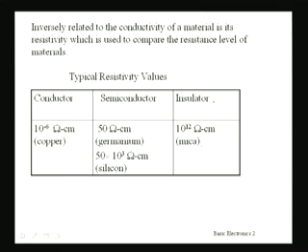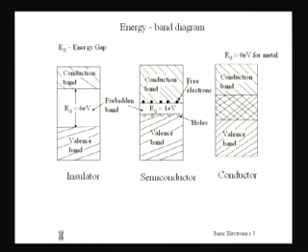For example, germanium has a resistivity value of 50 ohm centimeter, and silicon has a resistivity value of 50 into 10 to the power 3 ohm centimeter. So you can see that a semiconductor has resistivity in between a conductor and an insulator.